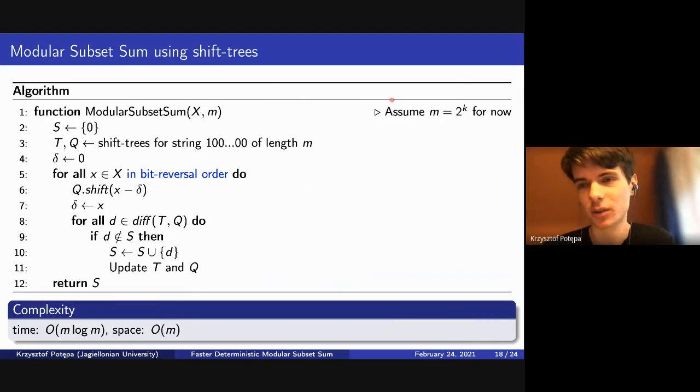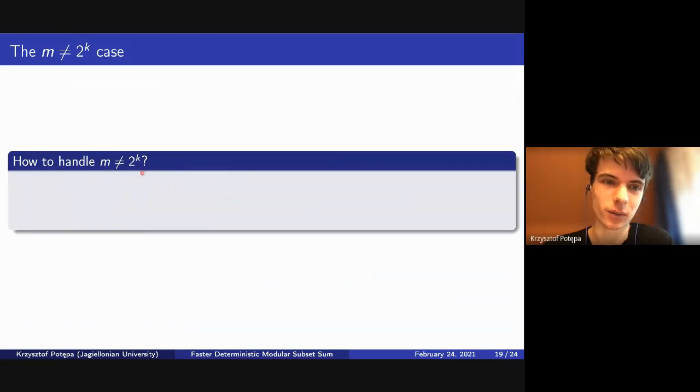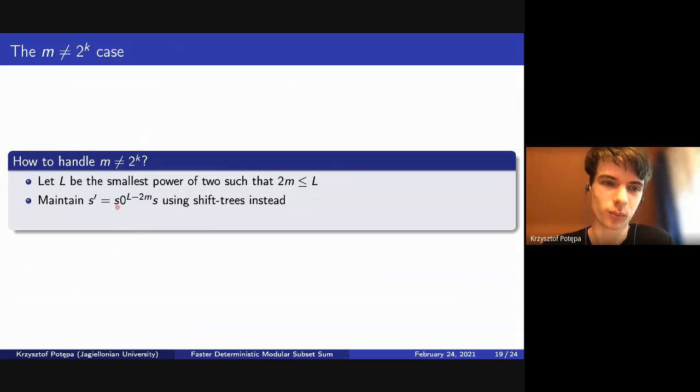And there's this one thing that we left. We required that m is a power of 2, so we can use shift trees directly. So it remains to answer the question of how to handle cases when it's not a power of 2. And that's an easy fix. We just double the string and pad it with zeros, or more precisely, we put zeros between those 2 copies of the string.